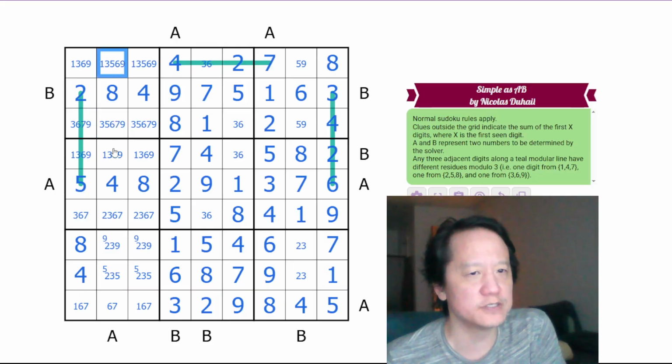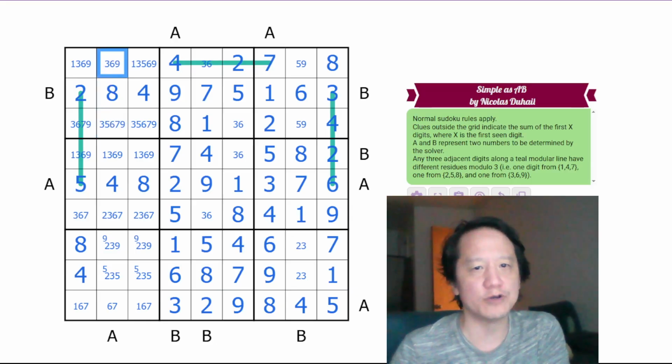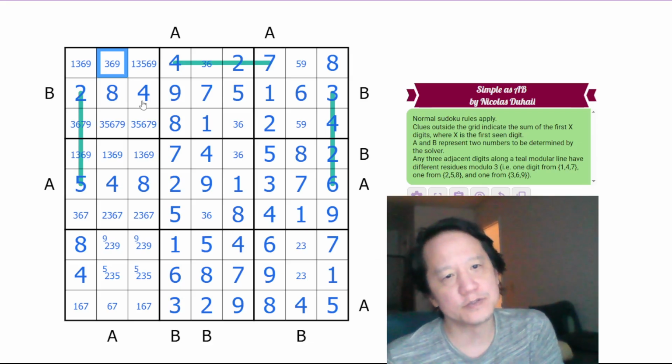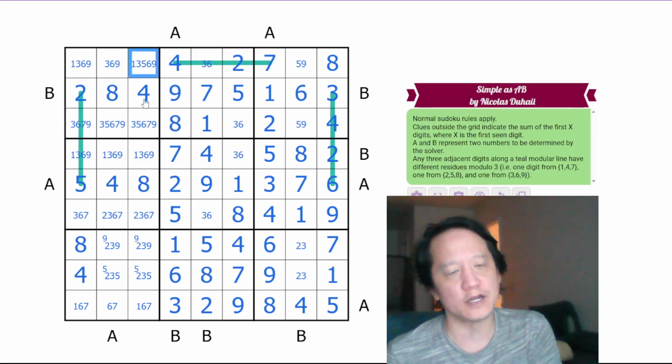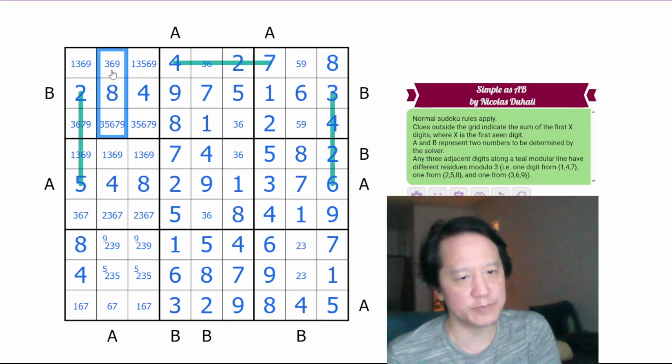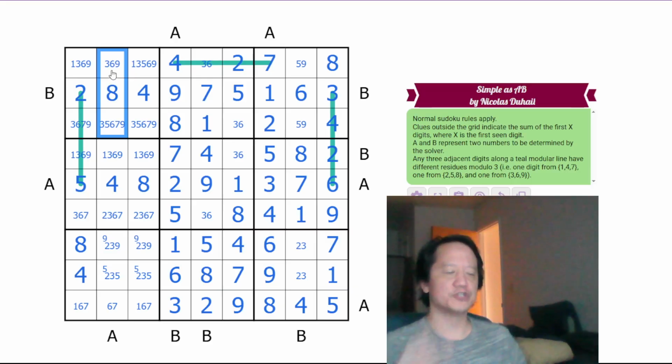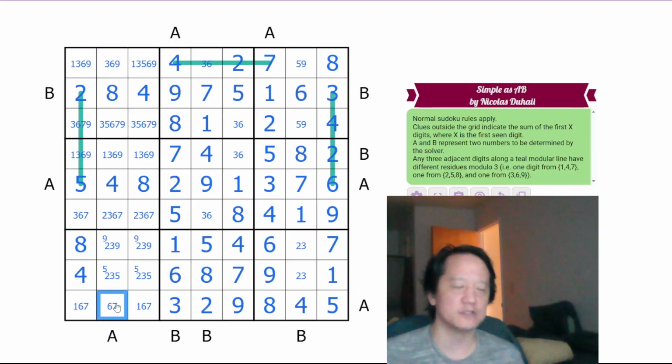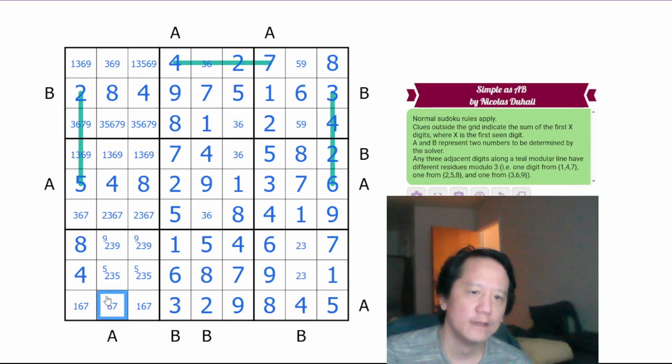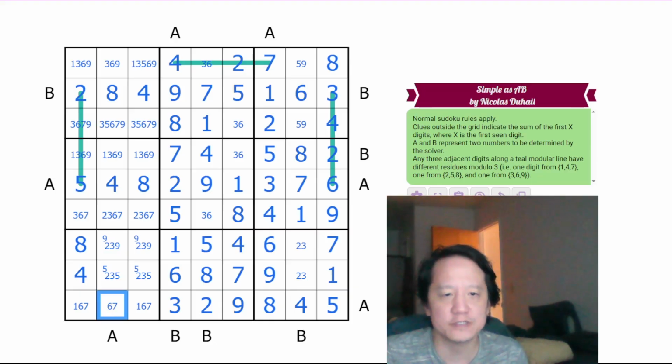So either this is 9, or there's going to be a 3-6 pair. So this cannot be 1 or 5 there. So this is guaranteed to be 3, 6, or 9. So either this is 9 or this is a 3-6 pair. Which doesn't work because this would require the 6 to be there. So this cannot be 6, therefore this is 7.